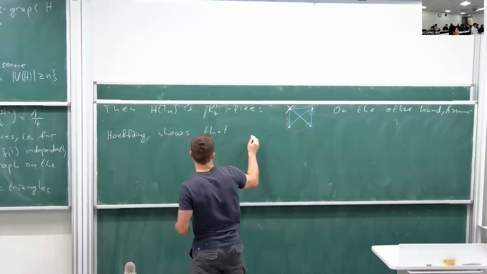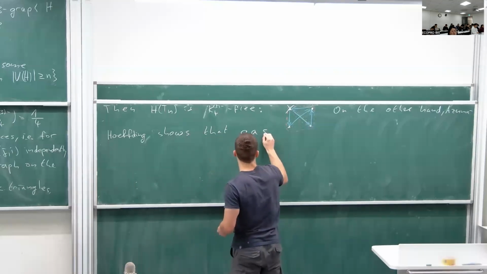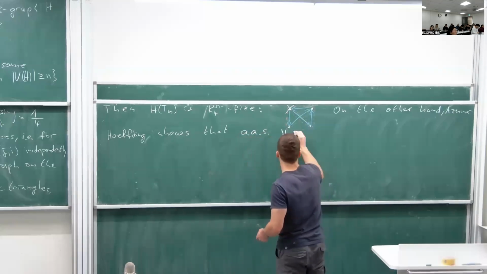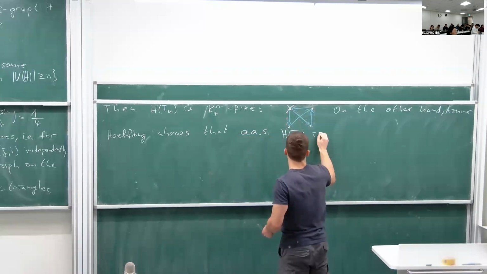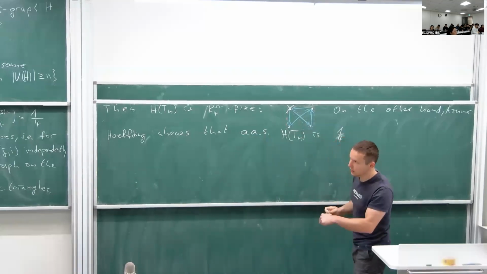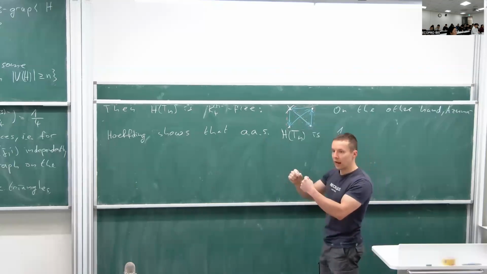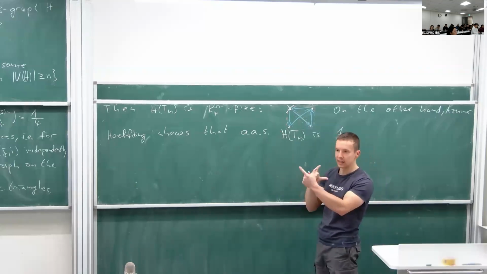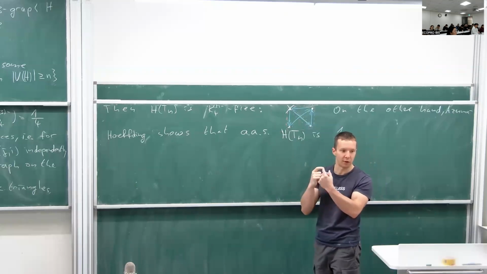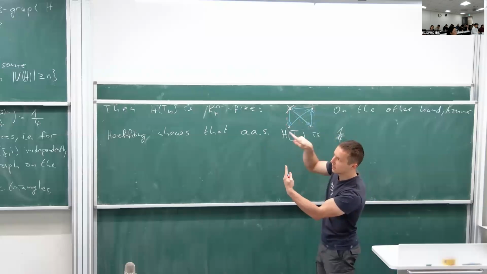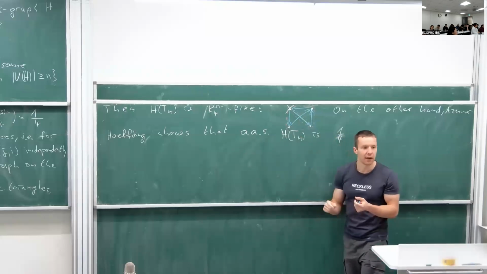And that means that H_T is, okay, so what is the density that we expect? In total, we have 2^3 possible ways to orient the 3 pairs on our 3 vertices. And 2 of those, right, the 2 directed cyclic triangles, give us an edge.